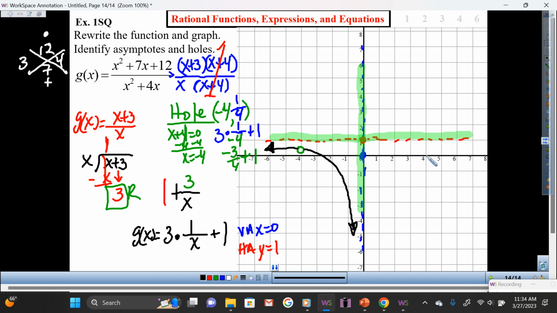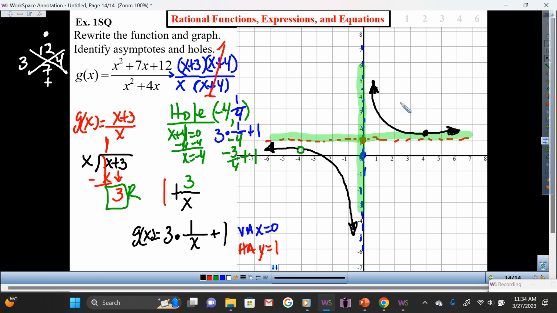Okay, positive 4, so far so good, yes. Help them out, Christina. 1 and 1/4? Yes, that is correct. Write that down, please. So what are we talking about? That wherever the hole is at, make sure you reflect the other one to the other side whenever it comes to these kind of graphs.